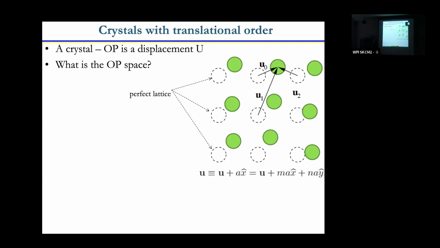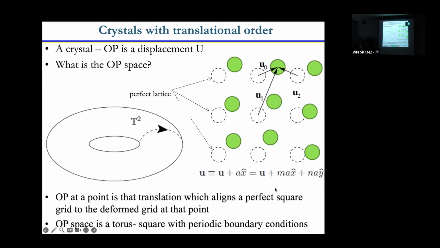In this case, when we make some displacements, they can be represented in this fashion because of the periodicity of the system.